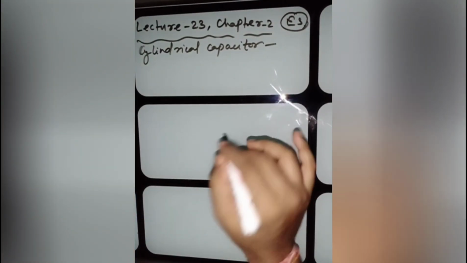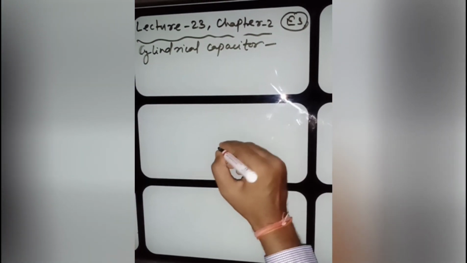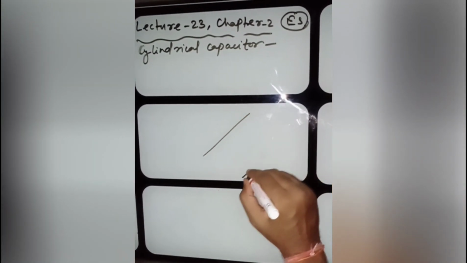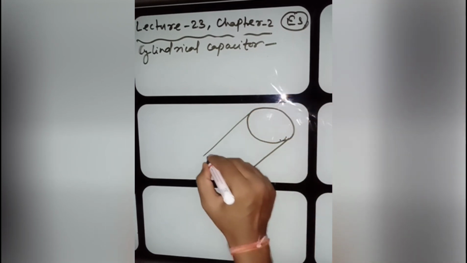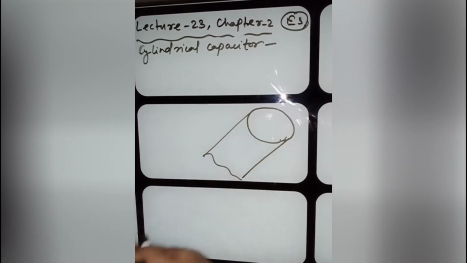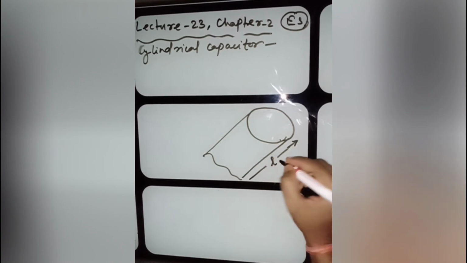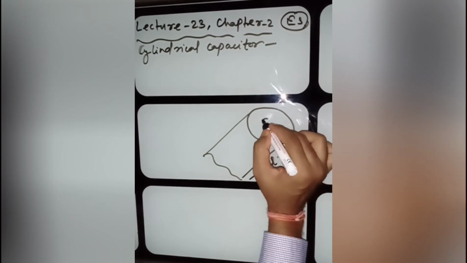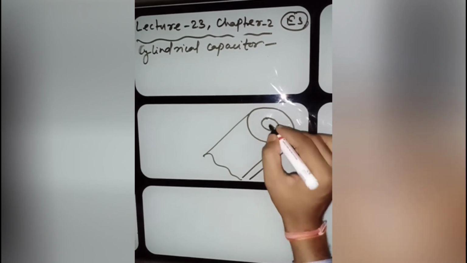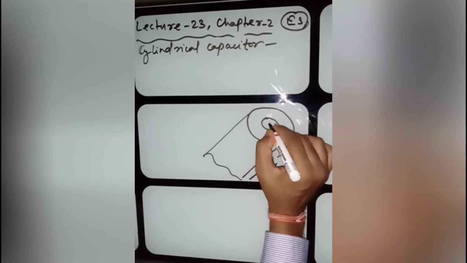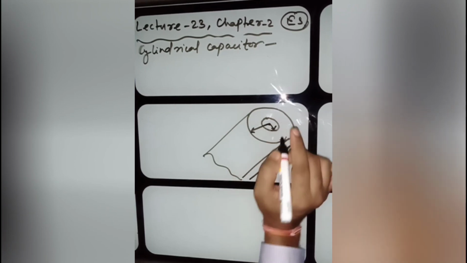Okay, cylindrical capacitor. Here I am drawing a cylindrical capacitor. These are very long, remember, and this length L is so long that L is much larger than the radius of the two cylinders.